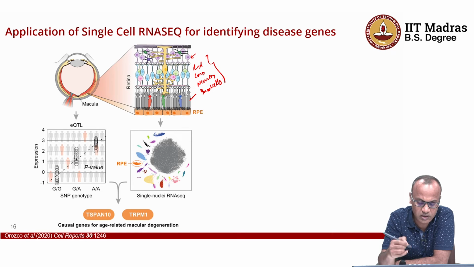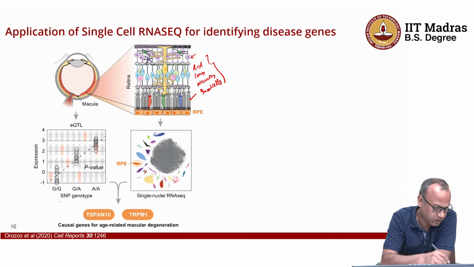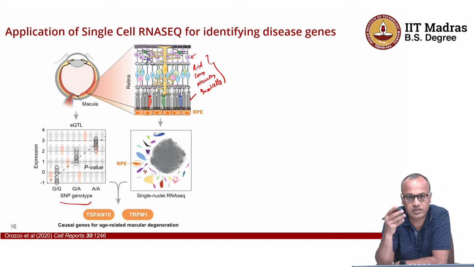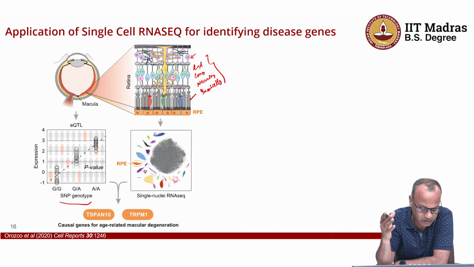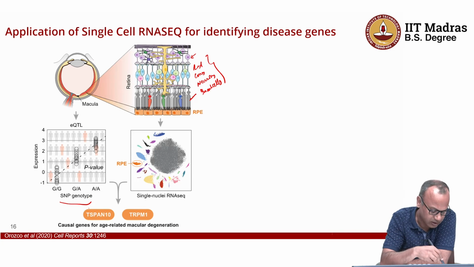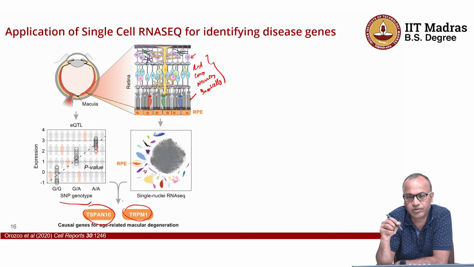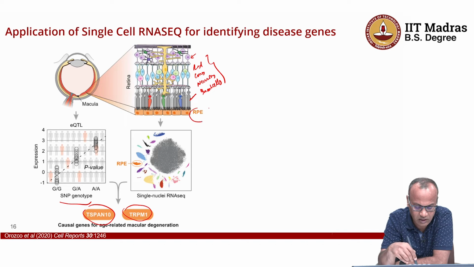So all these cells were differentially analyzed and they were correlated with the variation that existed between disease and normal samples. And what they were able to identify by doing this kind of single cell RNA-seq was two genes, TSPAN1 and TRPM1, which were specifically causal for age-related macular degeneration. And we knew exactly which particular cell type was getting affected, which was these RPE cells.